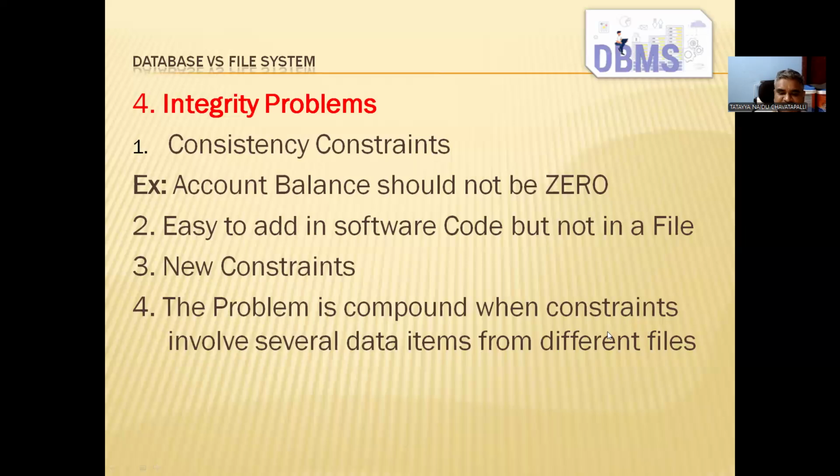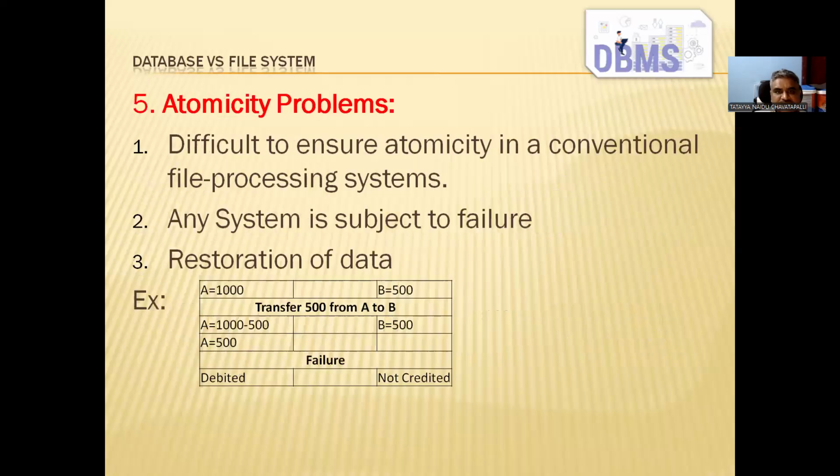The next one is the atomicity problem. It is difficult to ensure atomicity in a conventional file processing system, since any system is subject to failure. For example, A has 1000 rupees and B has 500 rupees.